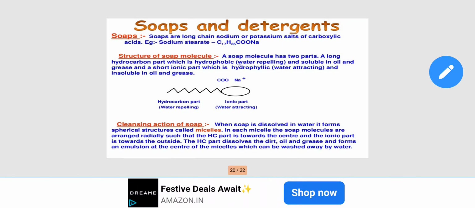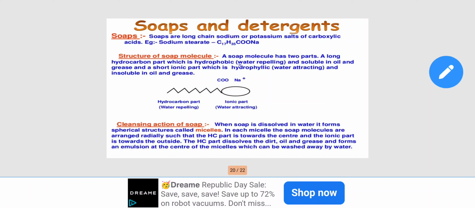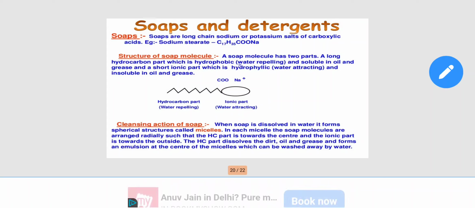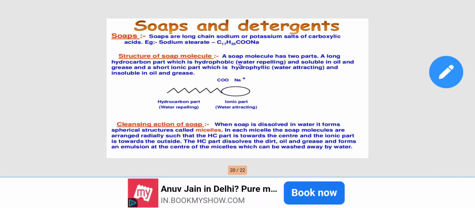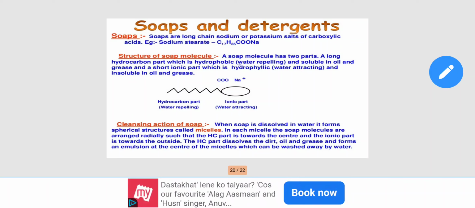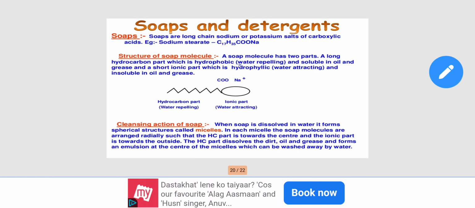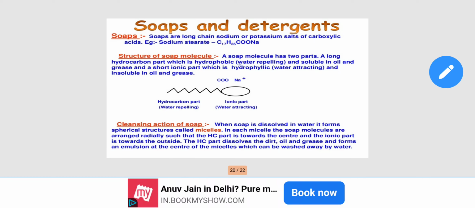Cleaning action of soap. When soap is dissolved in water it forms a spherical structure called a micelle. In each micelle the soap molecules are arranged radially such that the hydrocarbon part is towards the center and the ionic part is towards the outside.